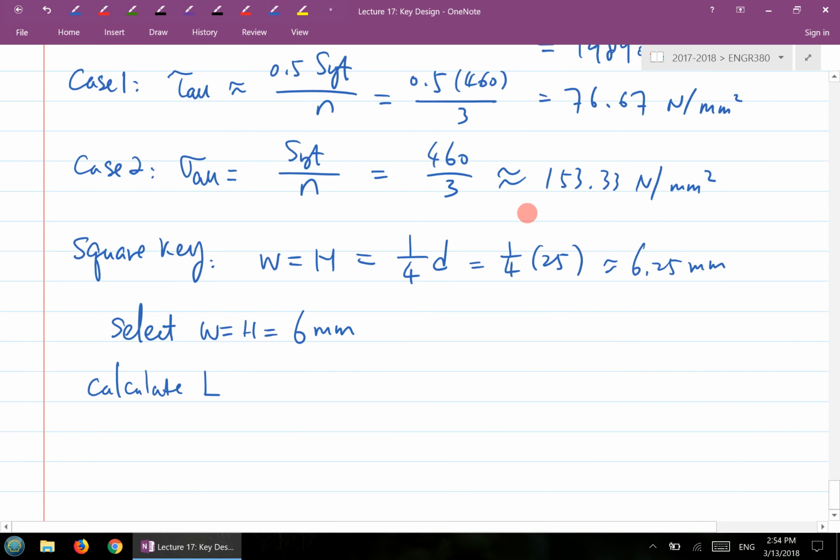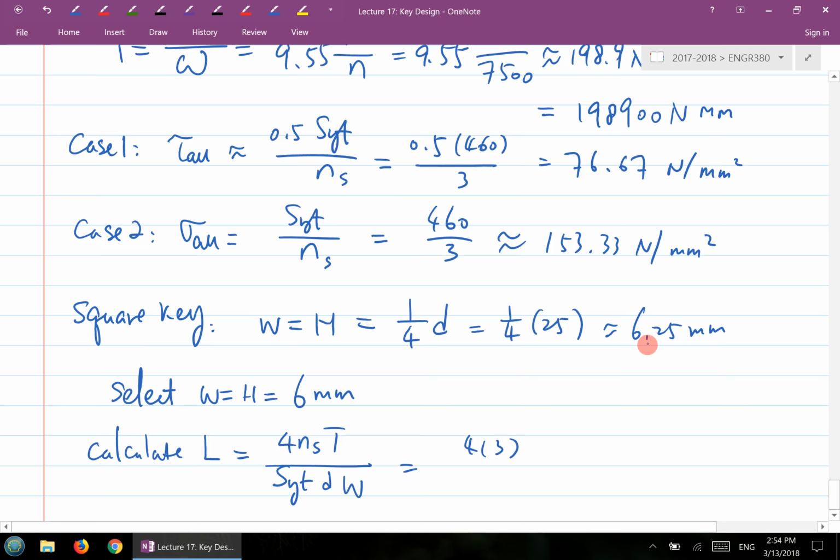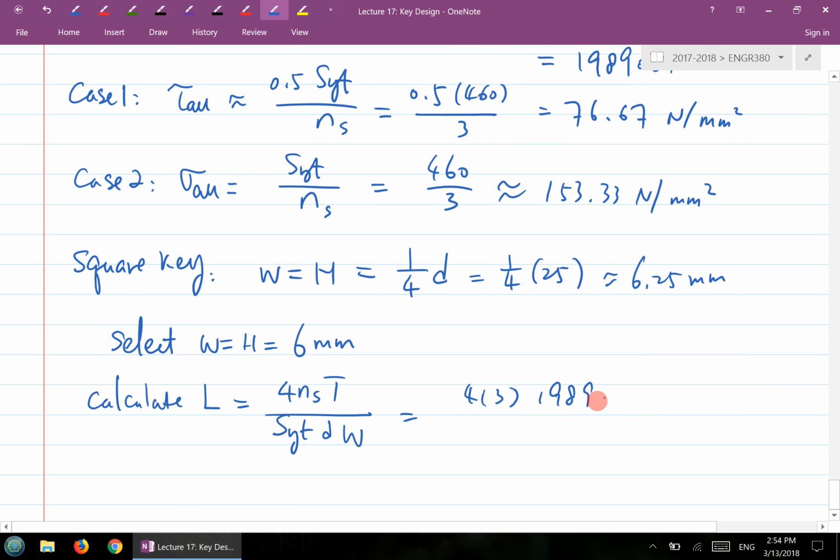So let's say I'll just use L equal to 4 times Ns times T, where Ns here is 3, divided by Syt times d, this is the small d we're using in this question, and then times W. So what do we have here? 4 times 3, and torque is that big number, and then divided by 460, and then D is 25, and W is 6.